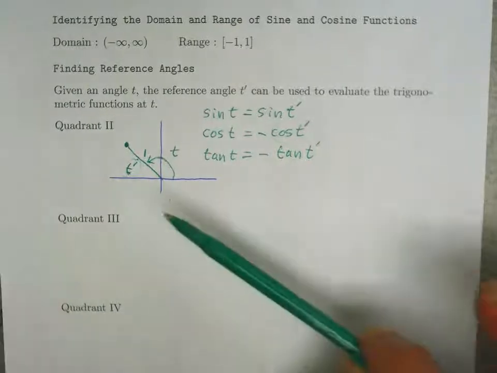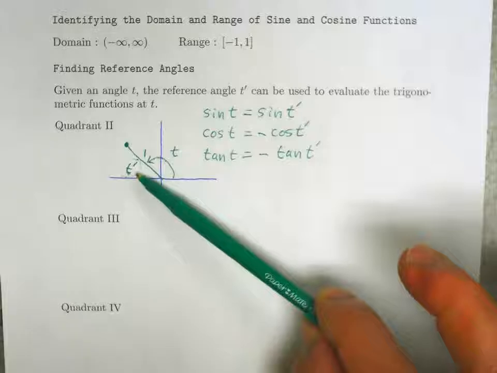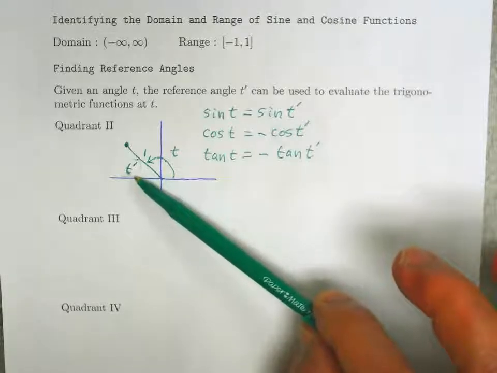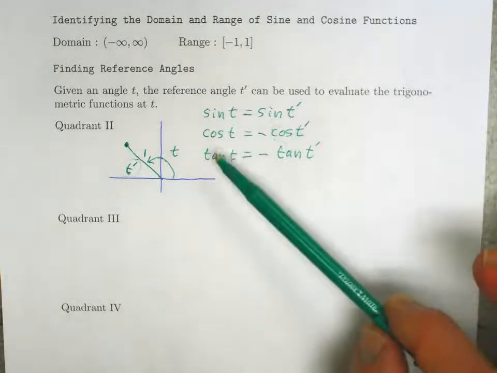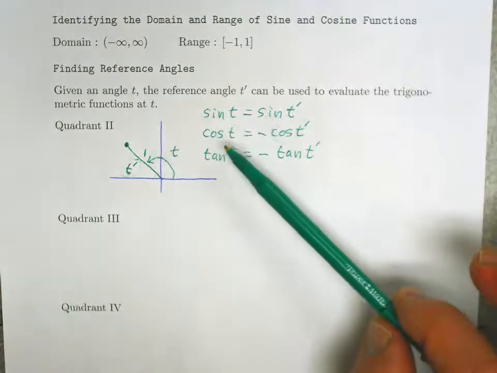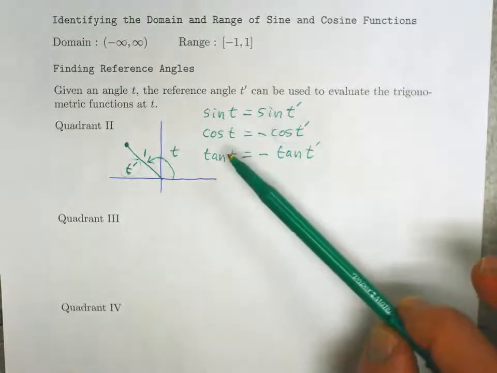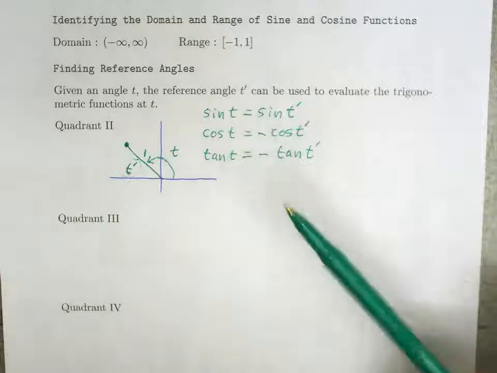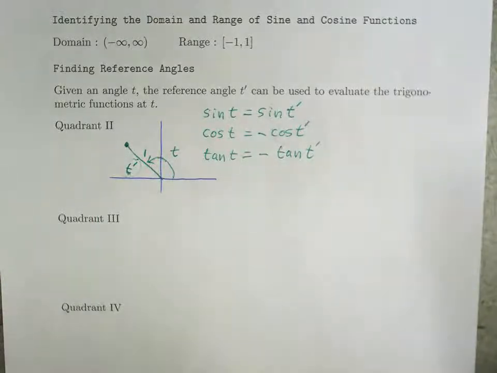Okay, so this is the useful part of knowing how to find reference angles, and then just keep in mind what the signs of, that is positive and negative, of the sine and cosine functions in each of the quadrants.